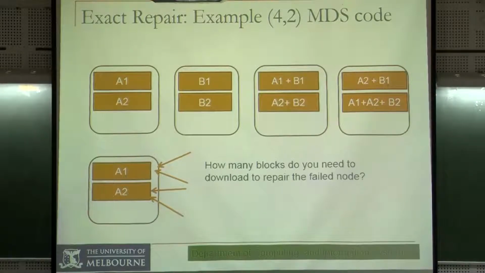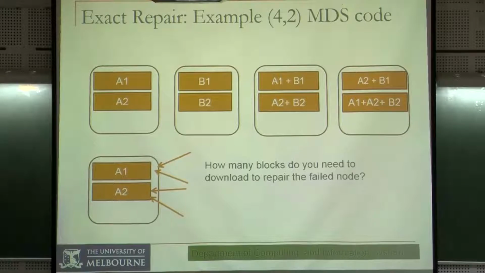But assume that you have such four nodes, and let us say the first node has failed. How many blocks do you need to download to repair the node? Definitely, because of the 2-out-of-4 property of a Reed-Solomon code, you contact any 2 of the surviving nodes and you can recover it. Is that clear? So for example, you can choose B1, B2, and A1 plus B1, A2 plus B2.